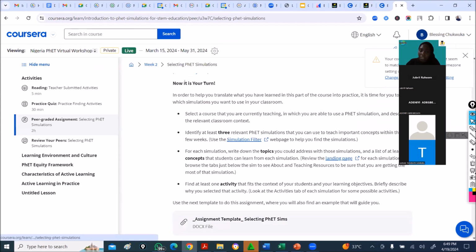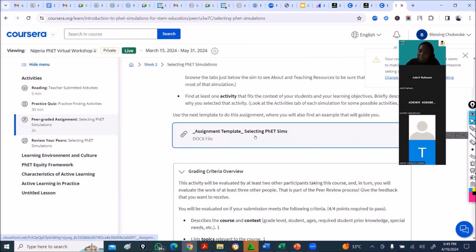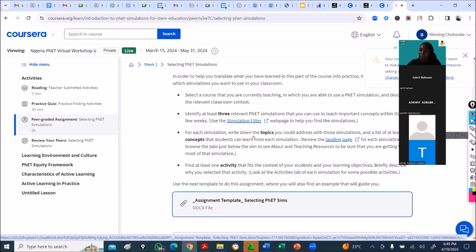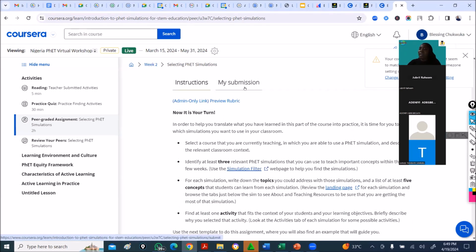These are your instructions. This is a template that you will use to create your own. When you download it, you create your own, selecting your PhET sims. Then after you're done, you come here and you submit, you upload. When you submit, you then come here and review 3 people's work. It's very easy.